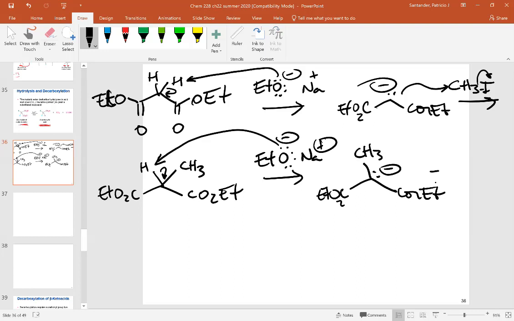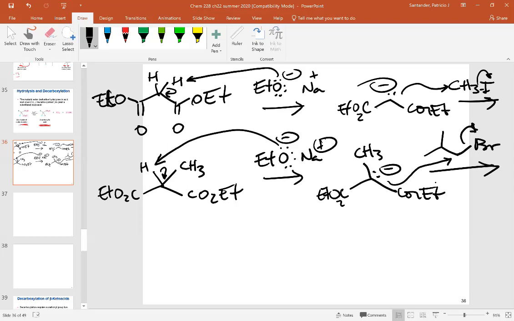So then now let's say that just to change things, we use that particular bromide. Notice that I'm choosing a bromide that is primary, and so displacement of the bromide.